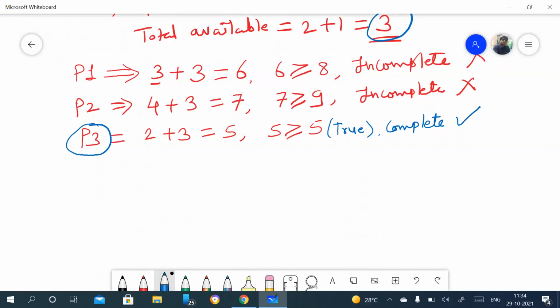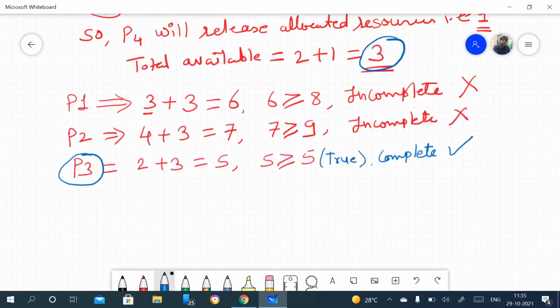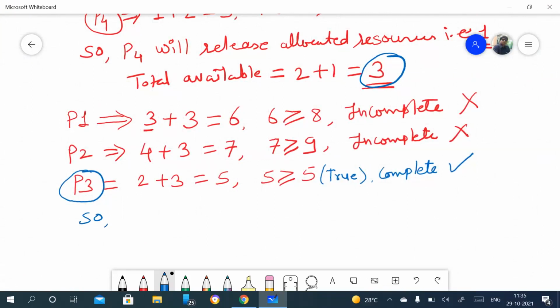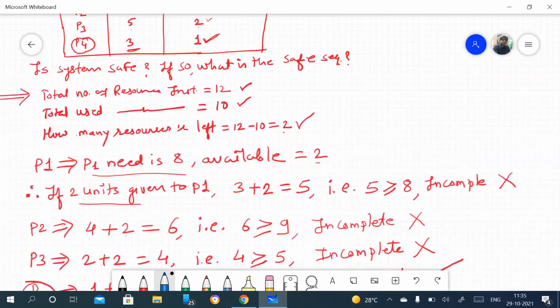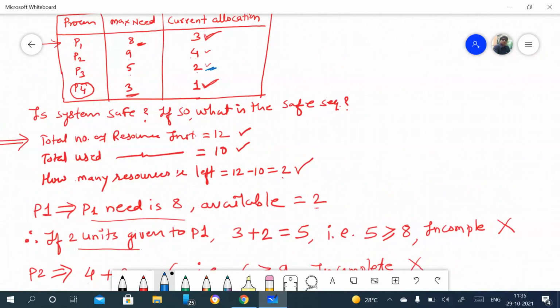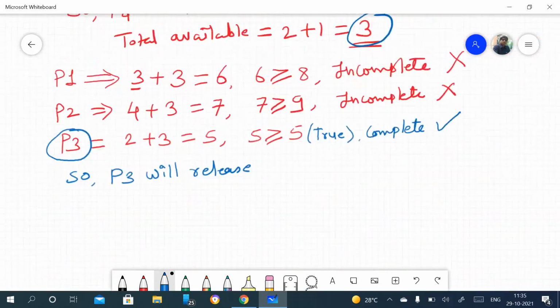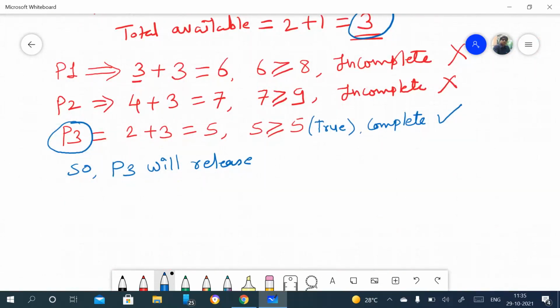So after executing this P3, P3 will release resources. How many resources does P3 have? So 2 resources it is having. You can see here, these are the 2 resources. So the 2 will be released.